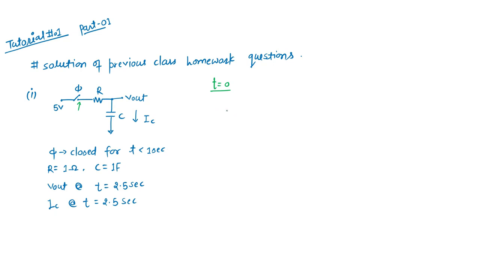It means we are applying a 5 volt signal across my RC circuit. The values are also given for R and C. Here I am simply applying 5 volt.